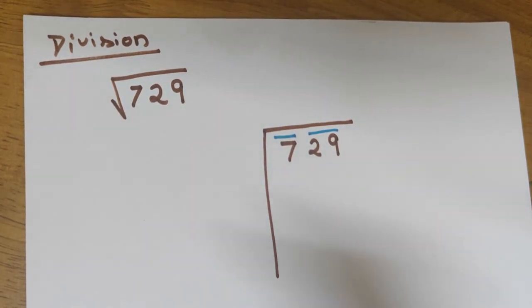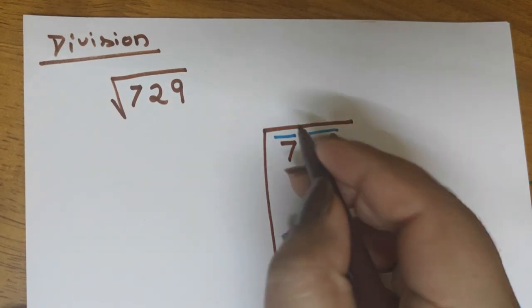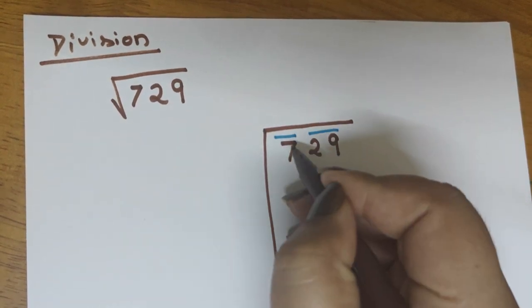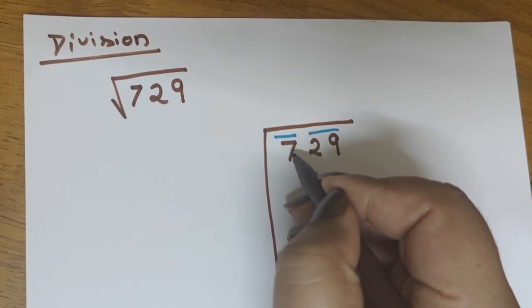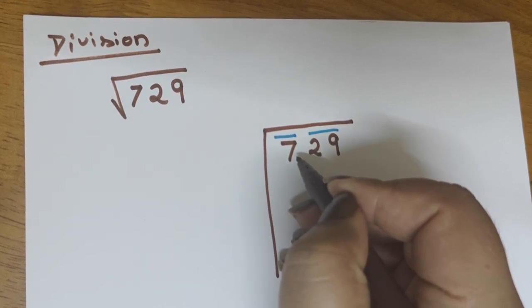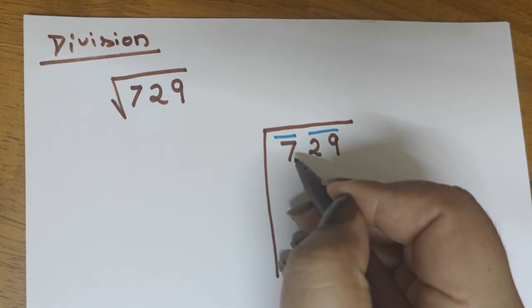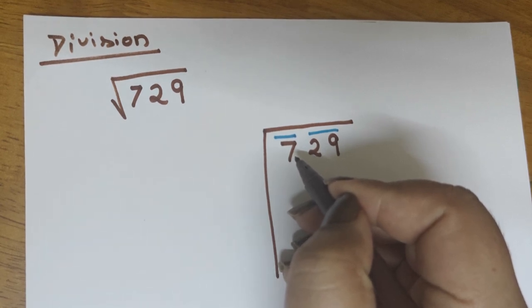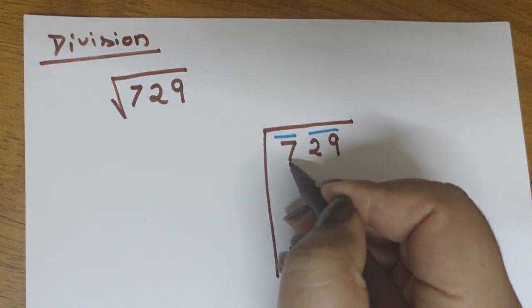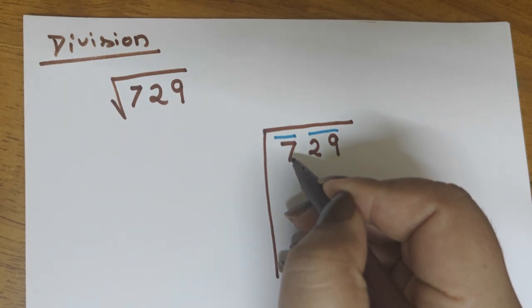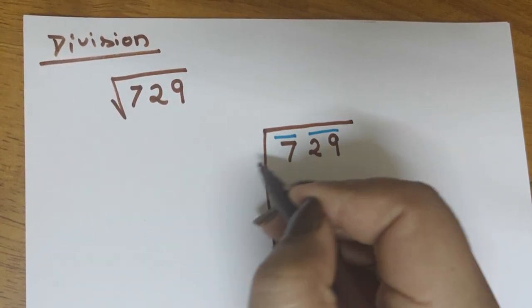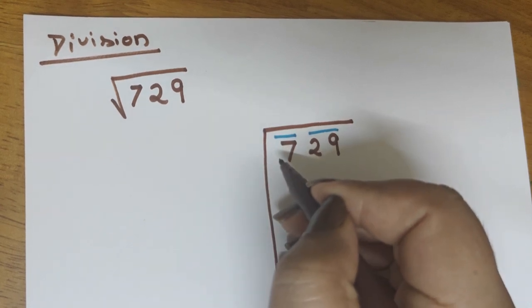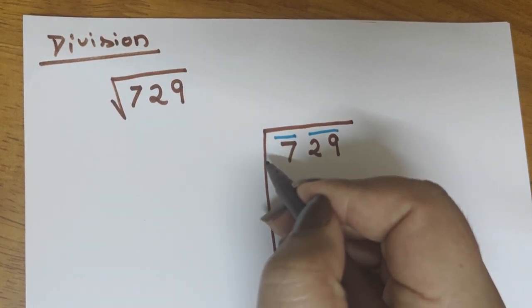Now we will take this first number, since there is only 1, so we will take this number, that is 7. Now we will have to find a number whose square is less than or equal to 7, the greatest such number.